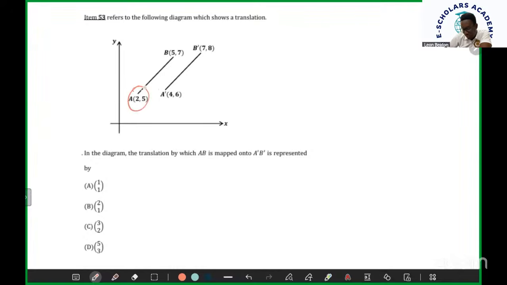So we got the point A, which is (2, 5), and the point A' is (4, 6). To move from A to A', we move from 2 to 4, so we go across 2, and then we go up 1 to move from 5 to 6. So this will be (2, 1). This is the translation that maps A onto A'. So (2, 1), this will be B as the answer.